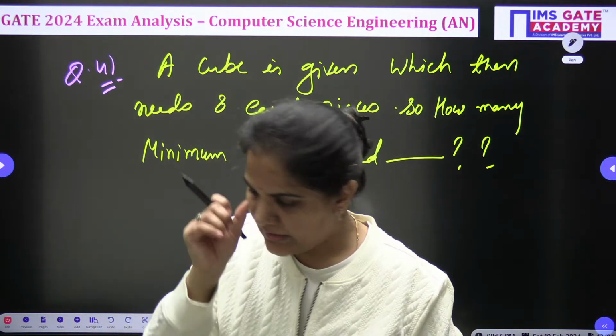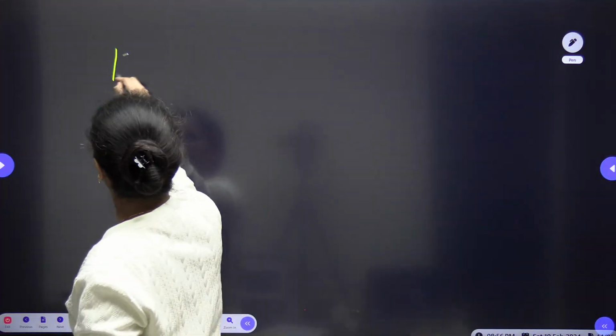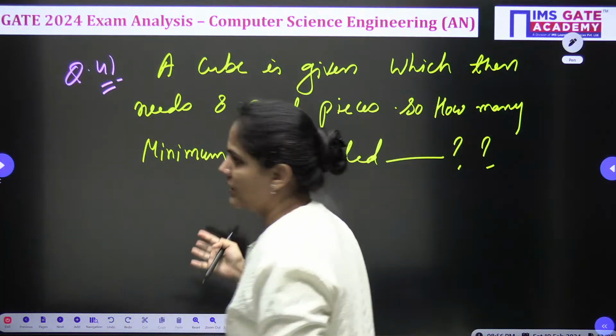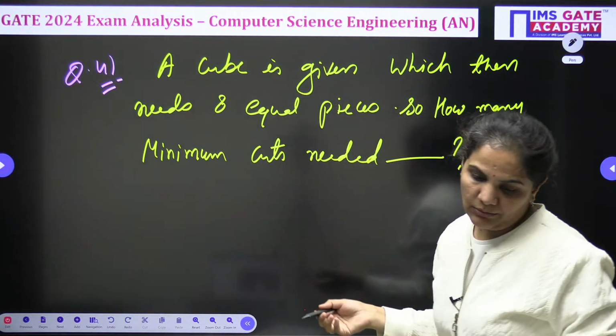If you want, I will write down one key note for you, and then I will tell you the direct approach for these types of questions. Although we can go with the diagram also, I will write down the direct approach for you.